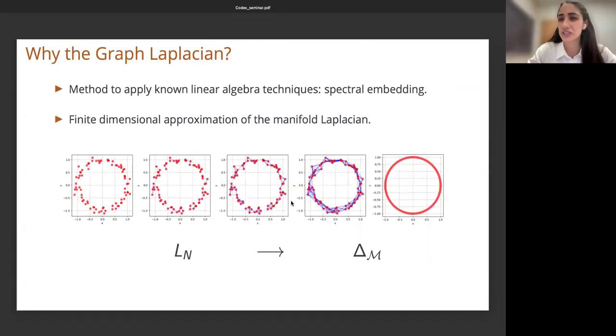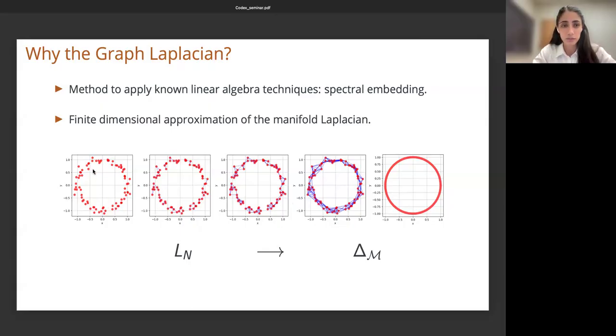Okay, so why are we interested in looking at the graph Laplacian? Well, first is that it gives us a method to apply our well-known linear algebra techniques. For example, we can do spectral embedding of data. I'm going to briefly explain what this is, but more importantly, it gives us a finite dimensional approximation of the manifold Laplacian.